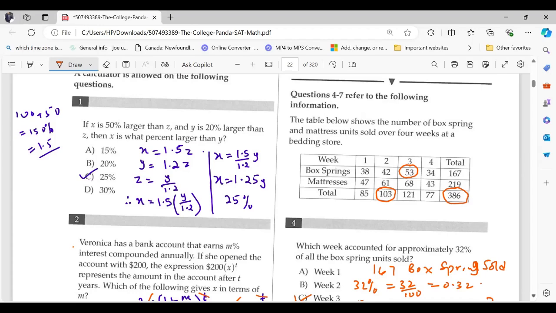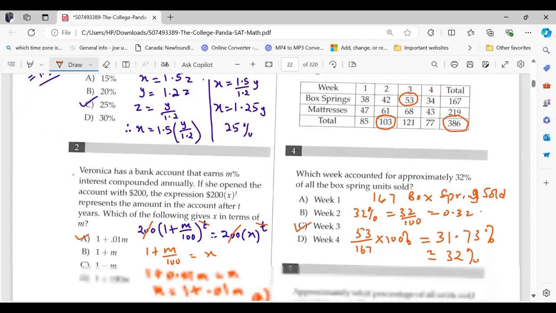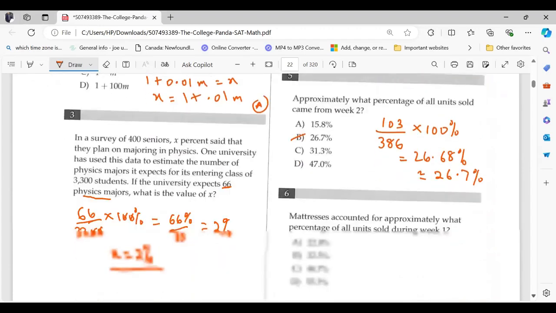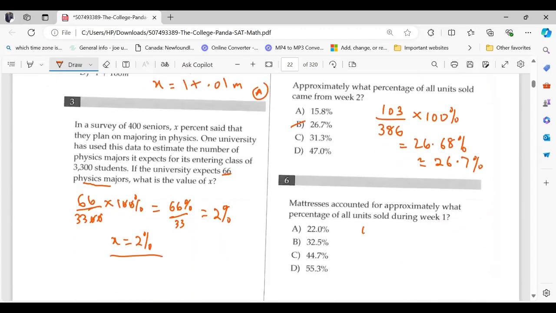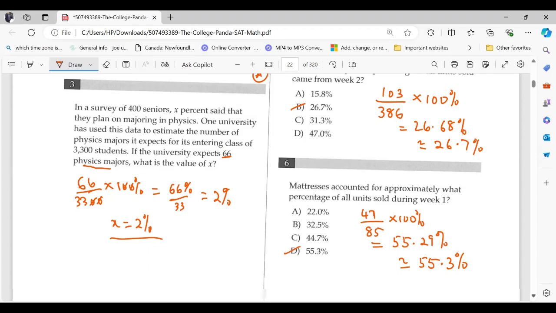So we are going to look at 47 as a percentage of 85. Write it as a percentage of 85. 55.29%, which is approximately 55.3%, which is option D.